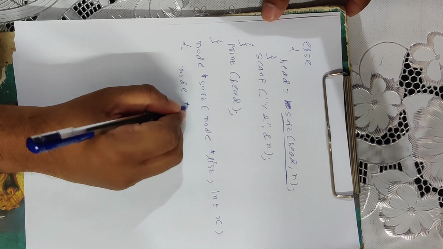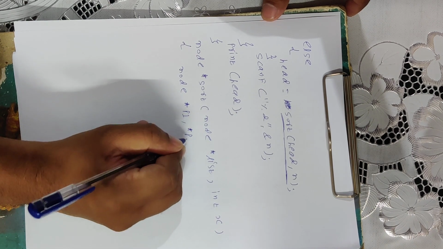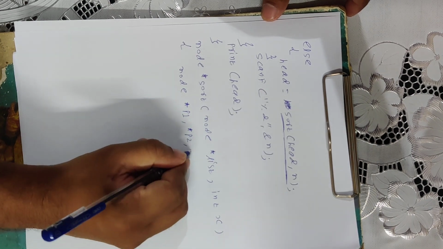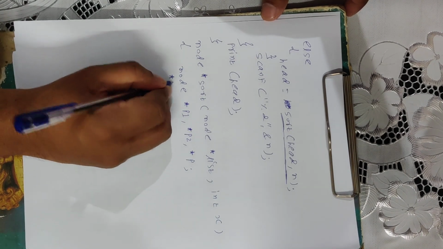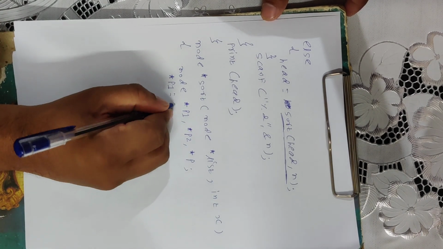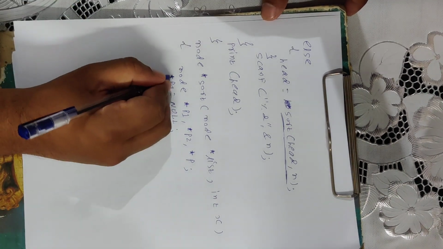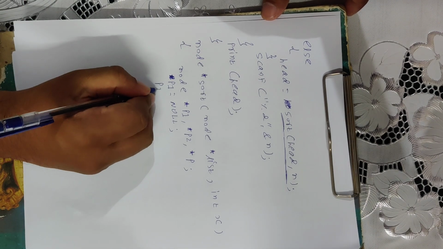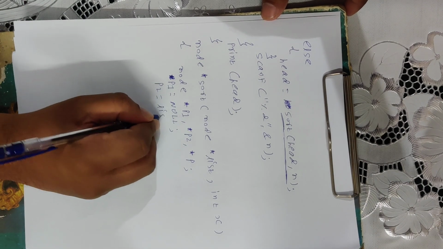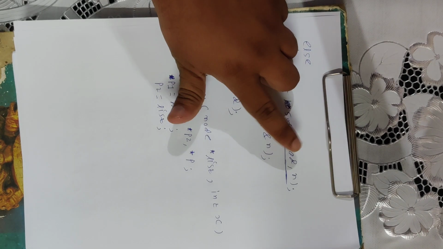Let's say node *p1, *p2, and let's say *p. I am putting p1 as NULL, so I am writing just p1 = NULL, and p2 = list. So my p2 variable is pointing at the location of your head.